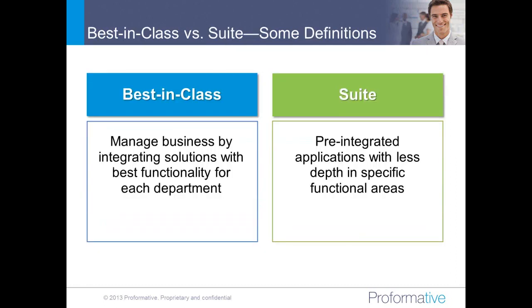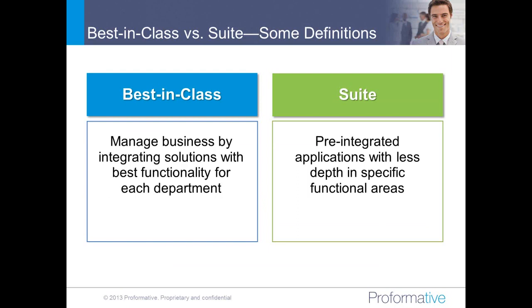So one of the other important ramifications of buying a new package is the best-in-class world versus the suite. Suites are very comforting, the thought that you're going to get everything you need from one provider. They typically come into play as you change technology. So as we've made the move from on-premises to hosted, the suite sort of becomes one of the ways that people think about these solutions.